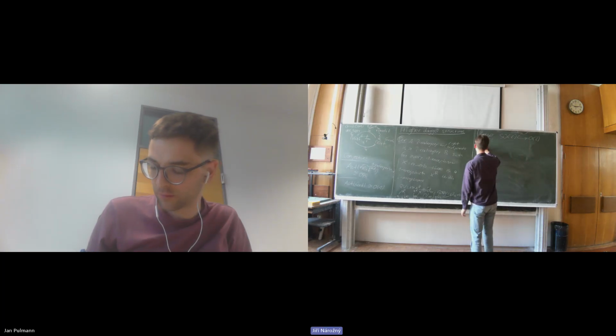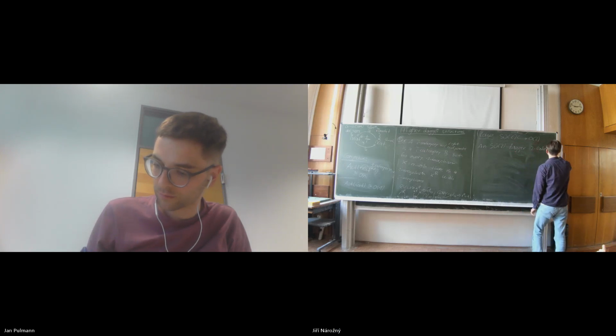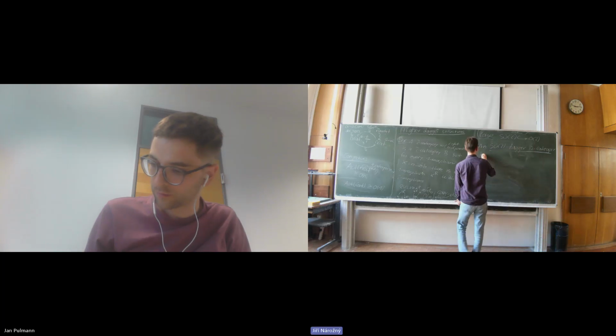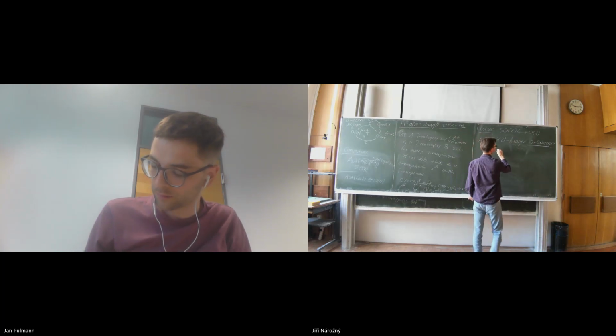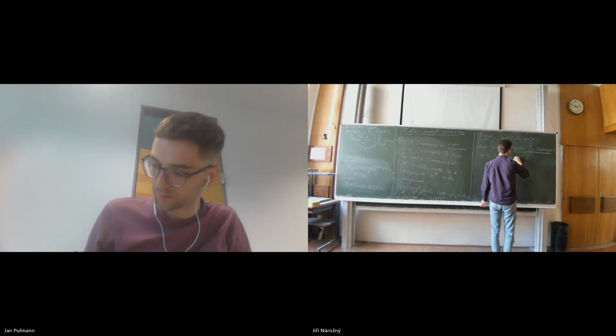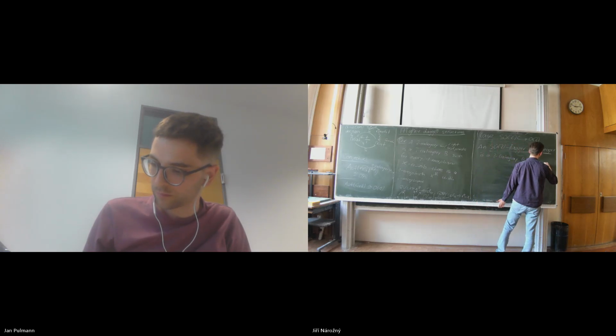Okay, let's define what an SO(2) dagger two-category is. What is that? It is a two-category B with right adjoints.